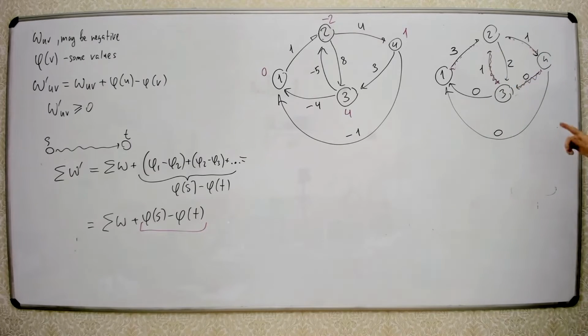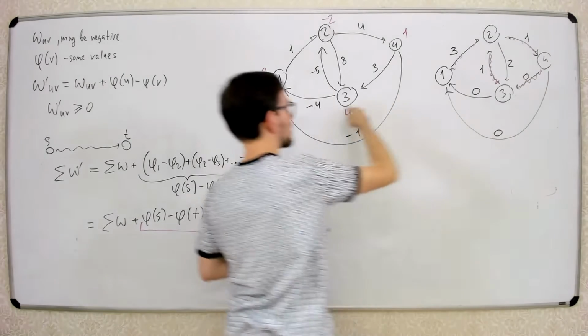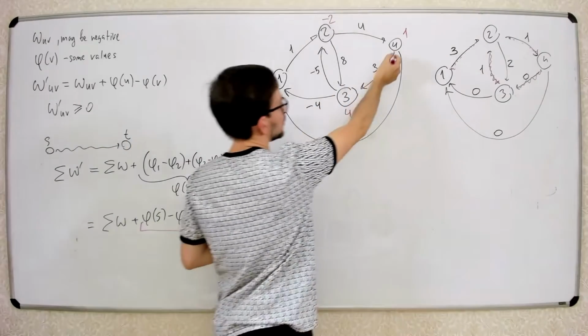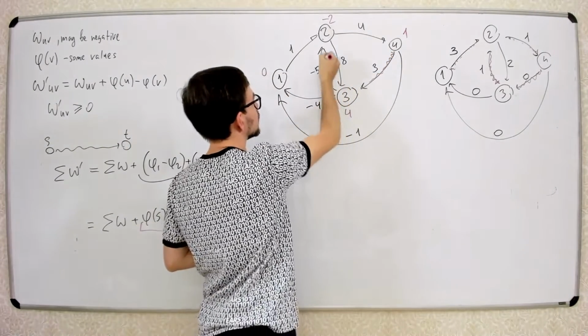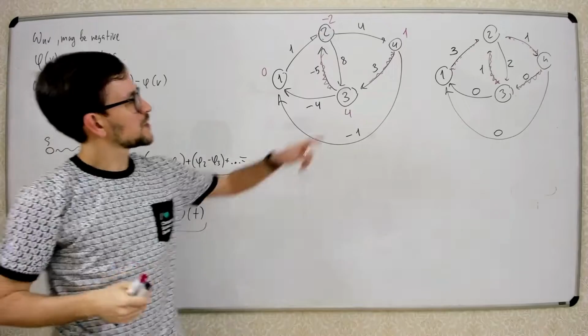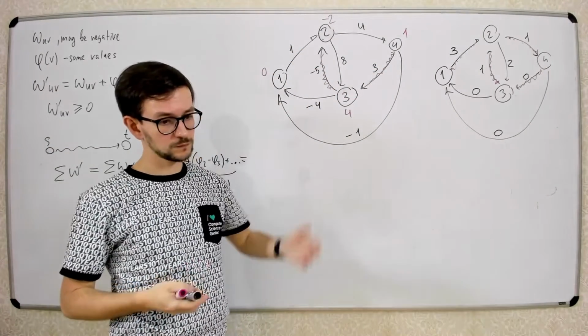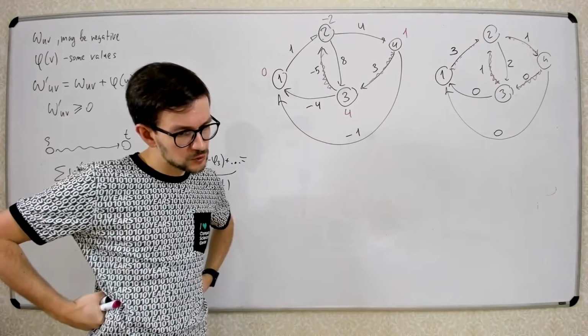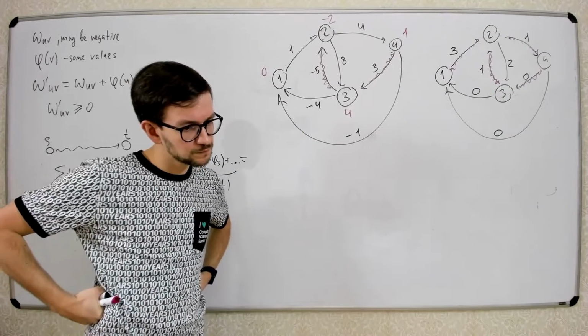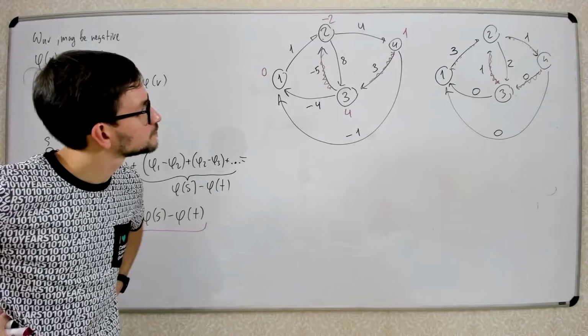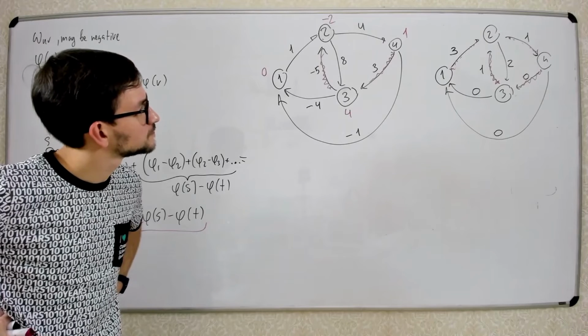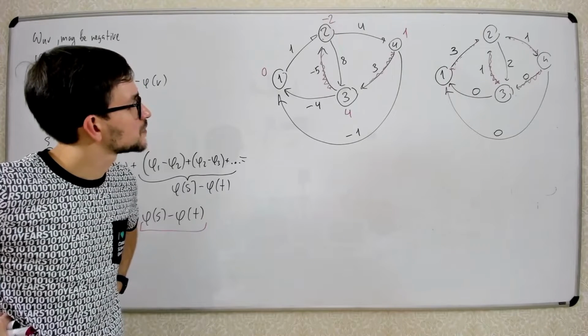Okay. So now you can translate this path to this graph. You will have this path. And I claim this is the shortest path from 4 to 2. 2 plus 2 is 4, minus 1. Did I mess up the math?